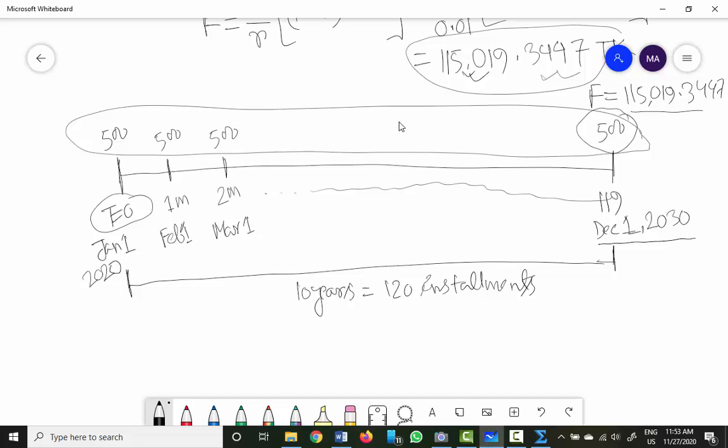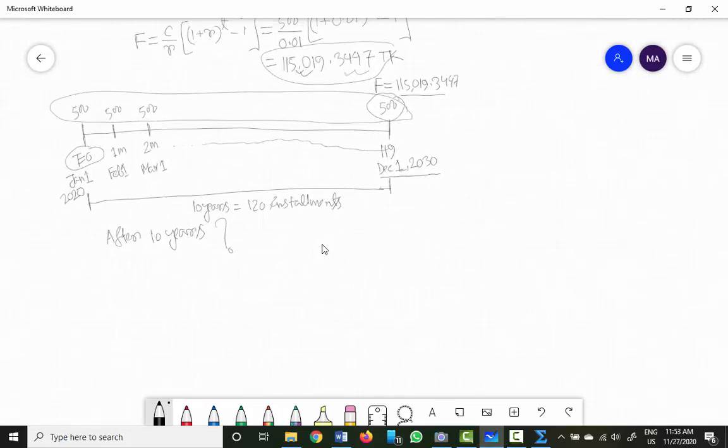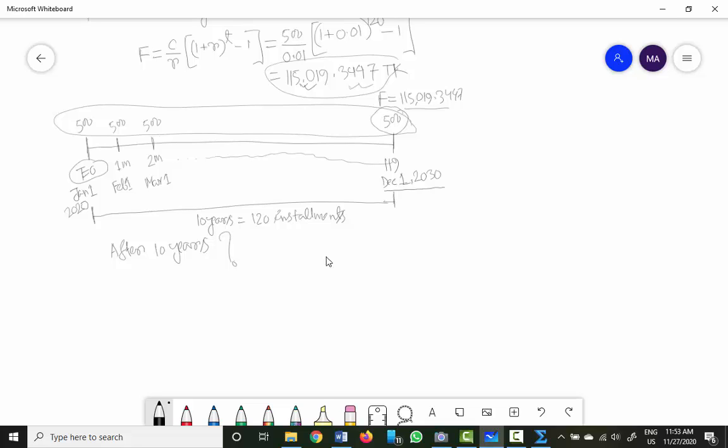But if the question asks you how much you should get after 10 years, since the account started from January 1, the question is asking how much you should get on January 1 of next year, that means 2031.